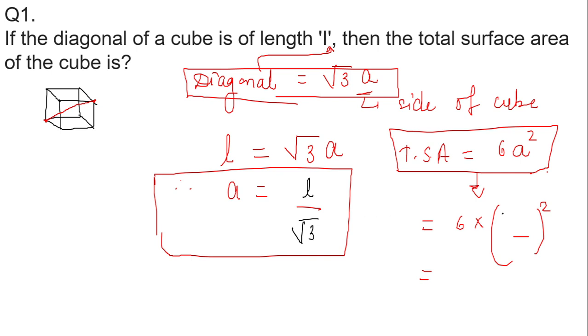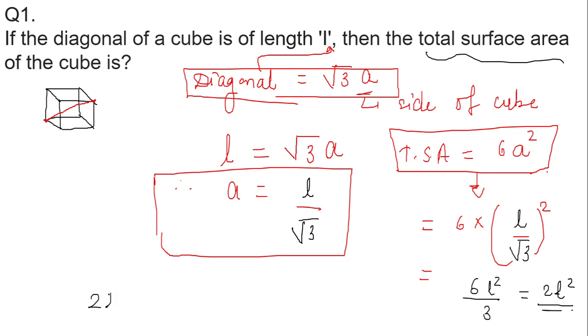So I'll get the value of a square as L square upon under root of 3 square. So tell me, what is under root of 3 into under root of 3? It gives us 3. So this will give me 6L square upon 3, that is 2L square. So the value of the total surface area of a cube is 2L square. Got it? Yes?